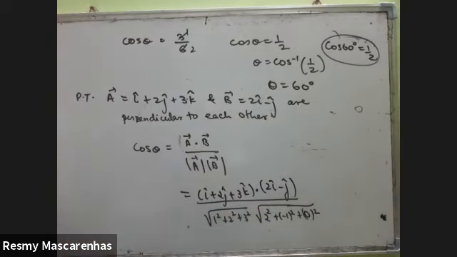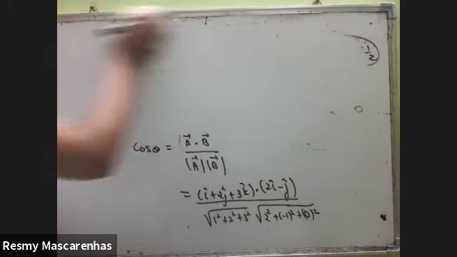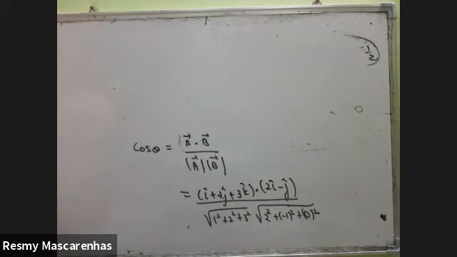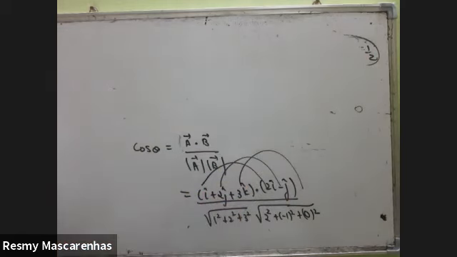The k term is not there. This is the substitution part. I can skip this part also, no problem. Dot product means i into i, j into j. Here nothing is there to multiply.